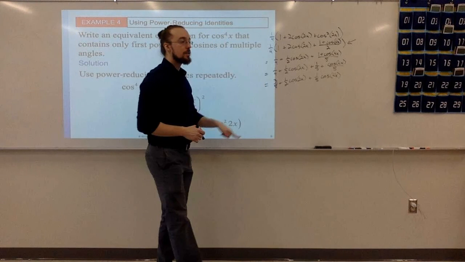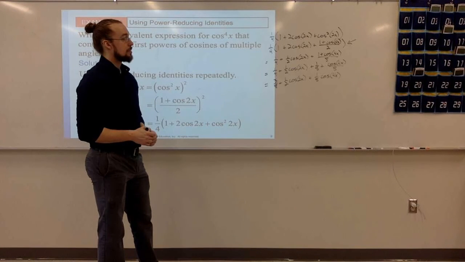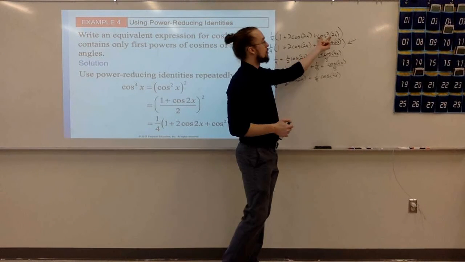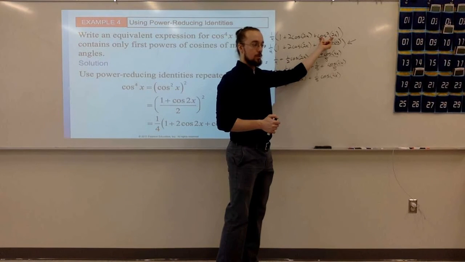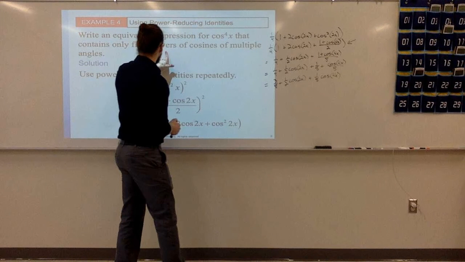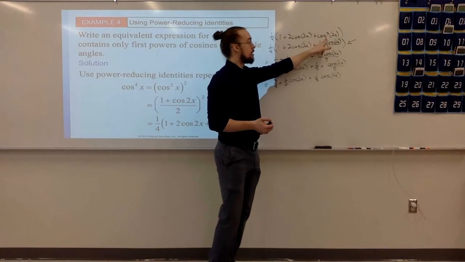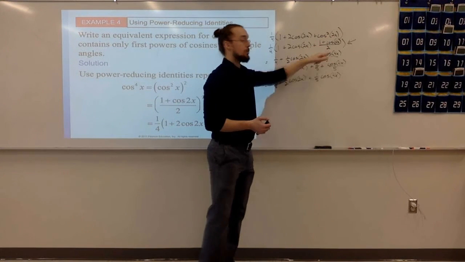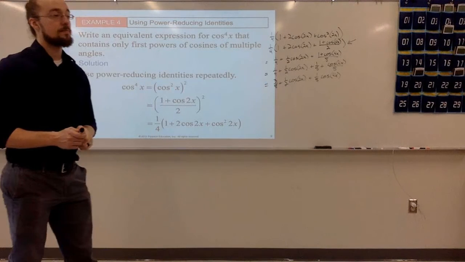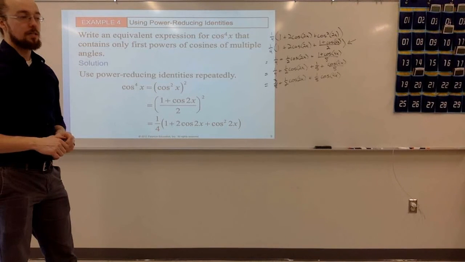What were you solving for? We just simplified. From here to here, we did have to go one step further to reduce cosine squared. It says we only want first powers in our final answer, so I used the power reducing formula to reduce this into a first power. I thought you were trying to solve for something. It's like when we had to verify the identities or just simplify. Yeah, kind of like that. Okay.